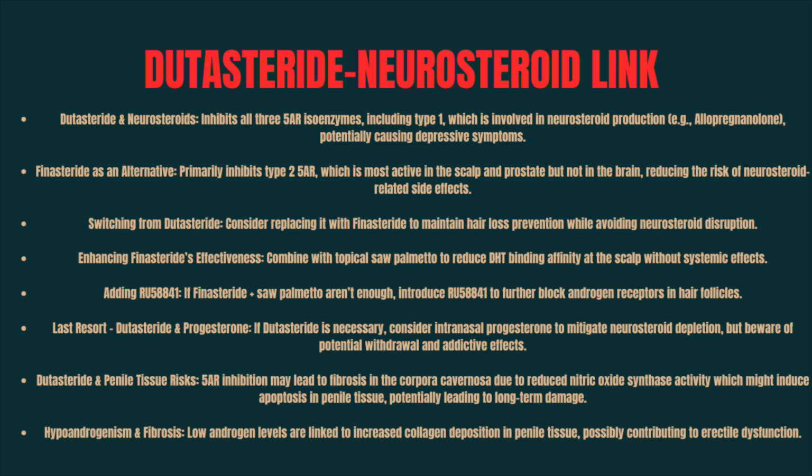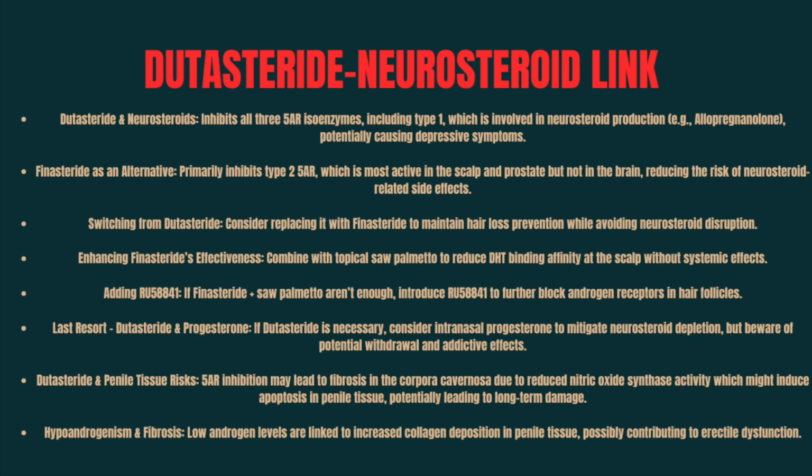So if dutasteride readily crosses your blood-brain barrier, you're going to experience alterations of neurosteroid and neurosteroid precursor levels, and you may experience depression or anxiety, all symptoms of the two.